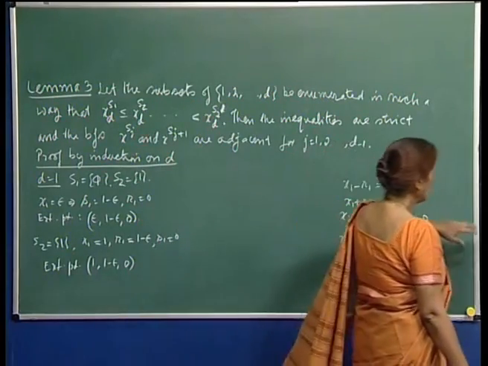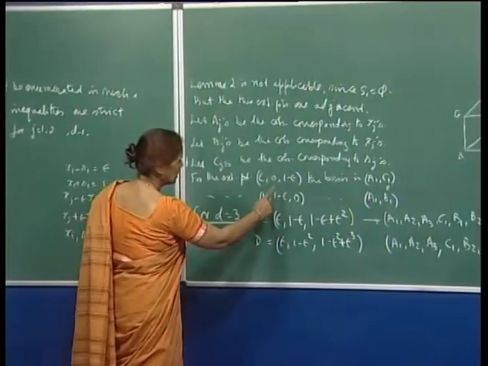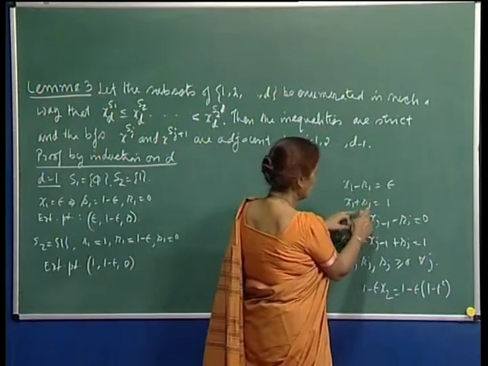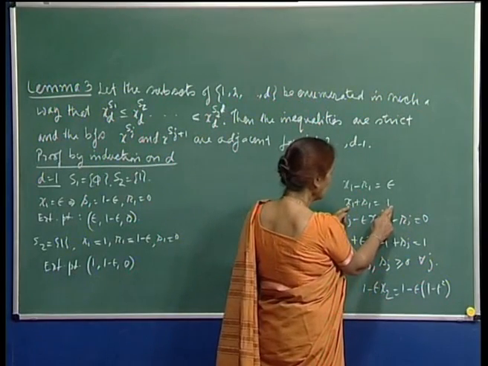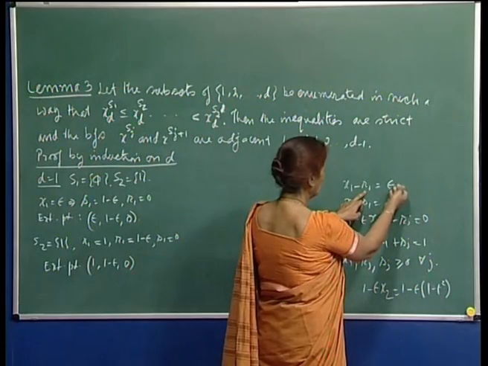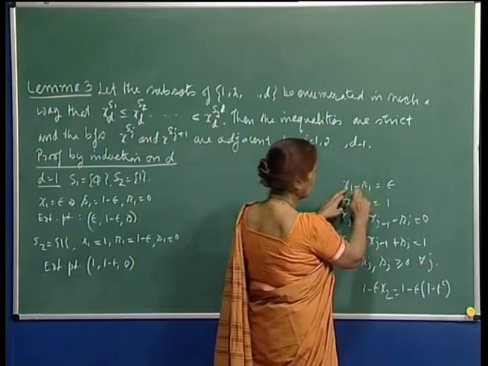And for the second extreme point that we obtained, R1 is present in the basis, so S1 is 0. So X1 is 1, and then your R1 becomes 1 minus epsilon.